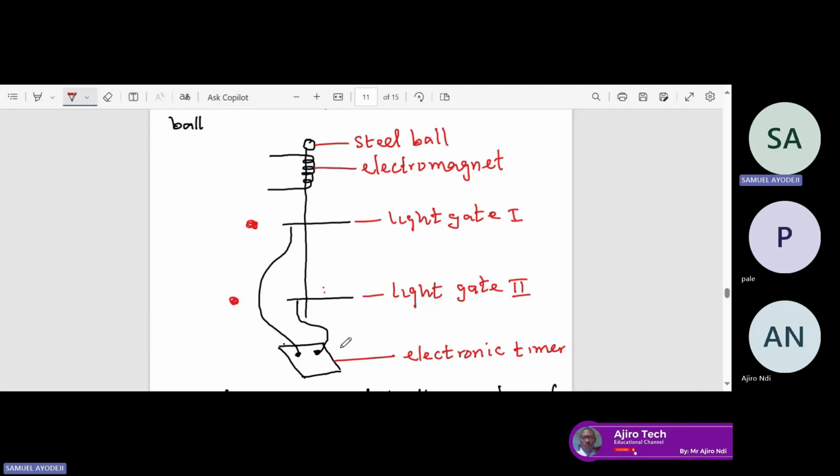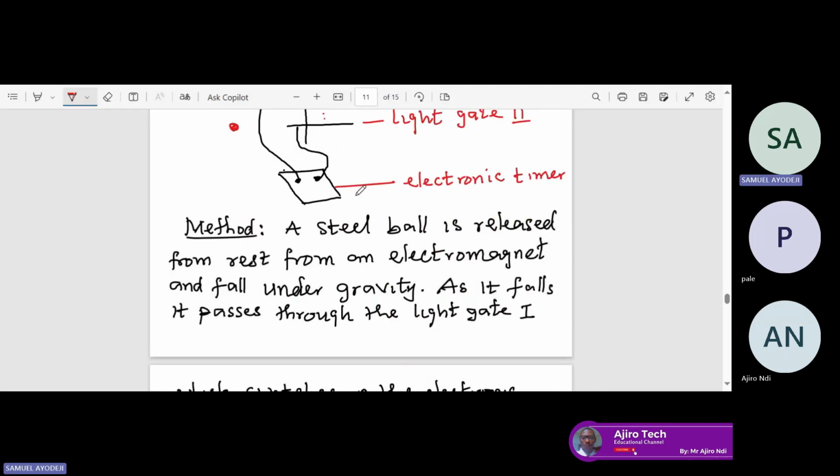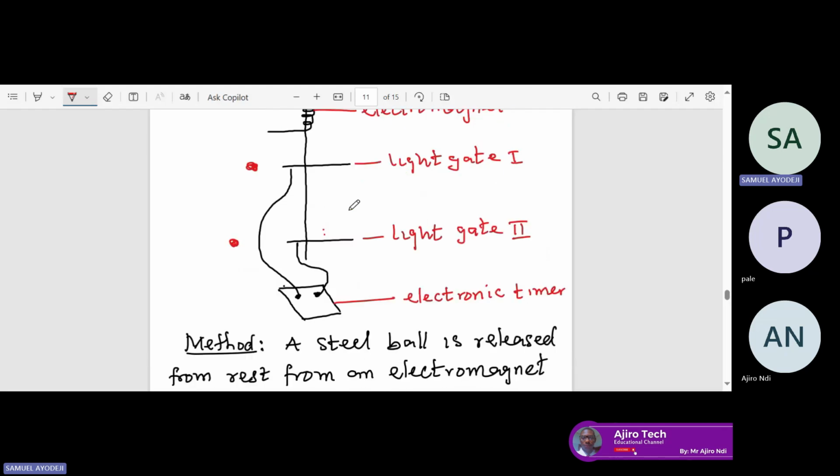You change the distance again where the light gate is. You can move the light gate upward to obtain 6 different sets of values. After that, you get a table. When you get the table, you plot a graph. Then the next step is to calculate the gradient. So let me go through here.